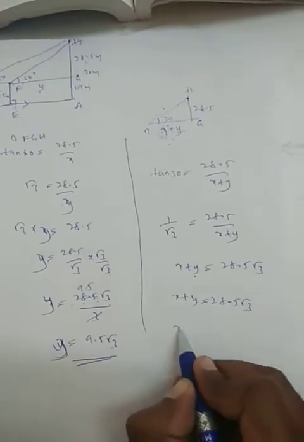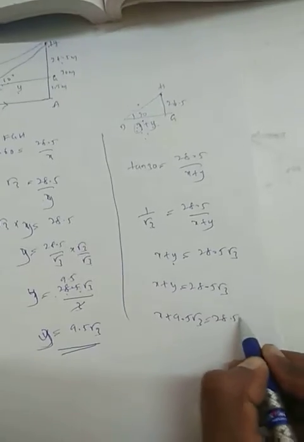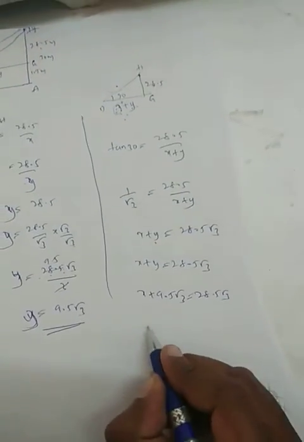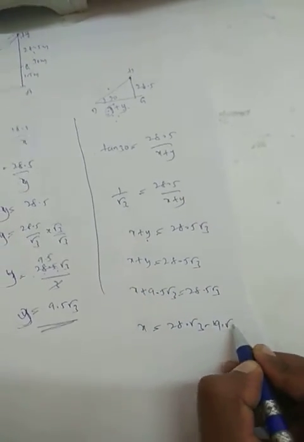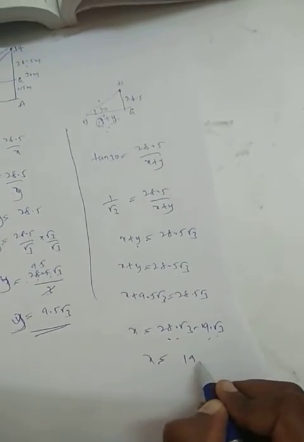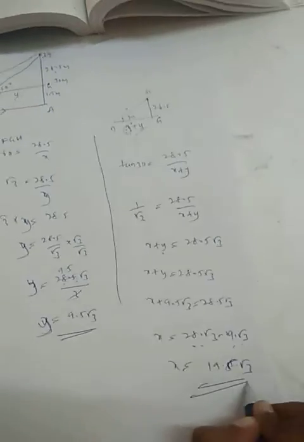The value of y will be: x plus 9.5 root 3 is equal to 28.5 root 3. And the value will become what? x is equal to 28.5 root 3 minus 9.5 root 3. Both are like terms, so it will become 19 root 3 will be the answer.